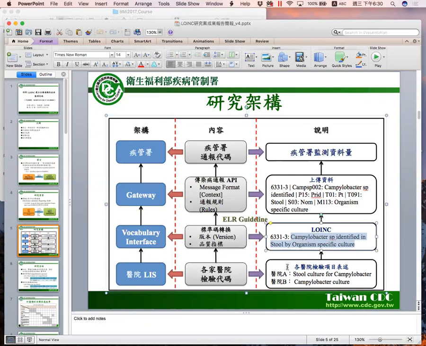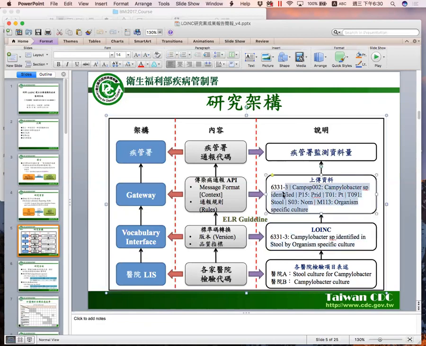If each hospital can map their laboratory item into a standardized LOINC, then the CDC just needs to look at the standardized code, and they can avoid this kind of complication. Here is an example.